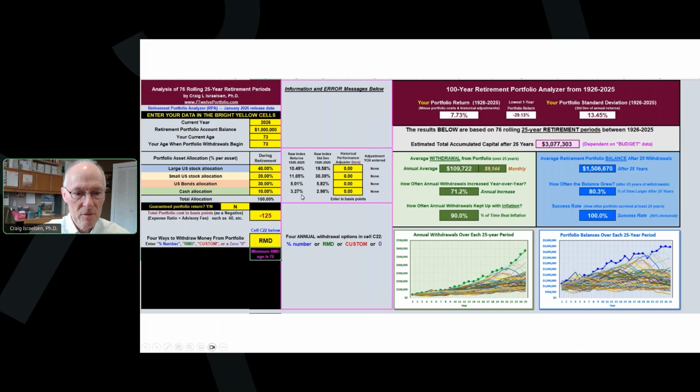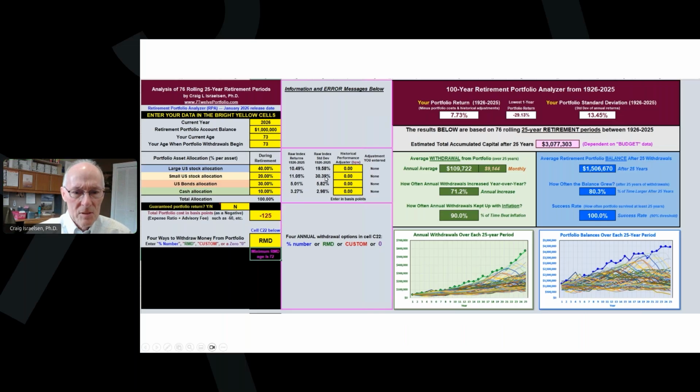And then cash has averaged 3.3% with about a 3% standard deviation. So that is not a roller coaster. That is a very sedate ride at the county fair. But there's the trade-off. Lower return, dramatically lower volatility of returns.